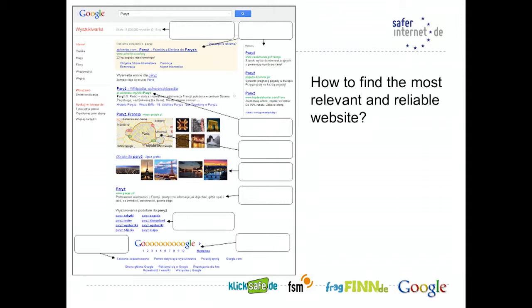Which one is from Google, which one is from the website, and how can I evaluate the reliability of the website behind it? This is a very important question for us. And okay, I would just like to show you the solution here. You find it on the working papers at the side of the room too.